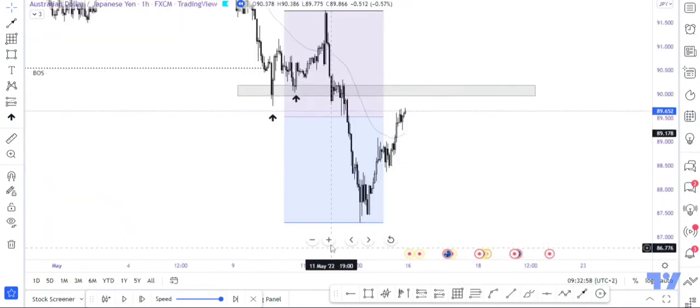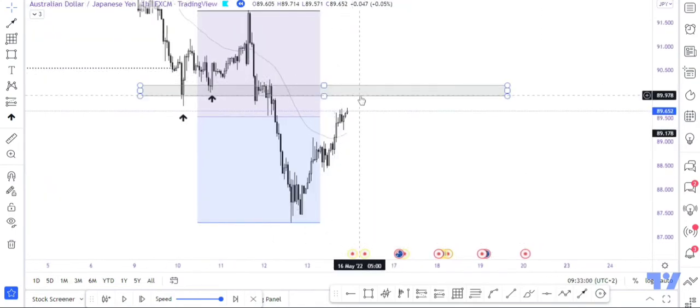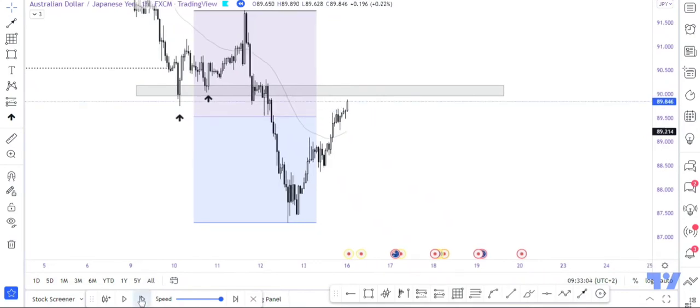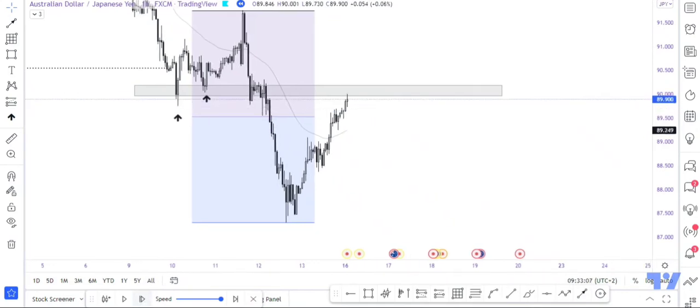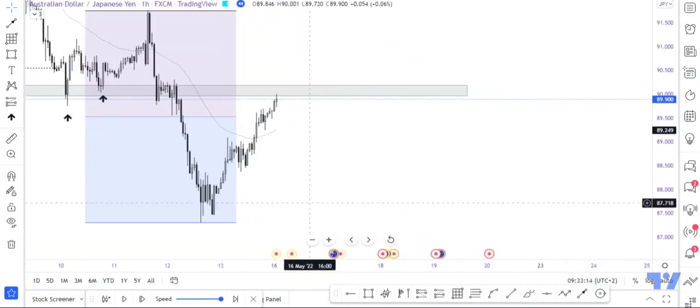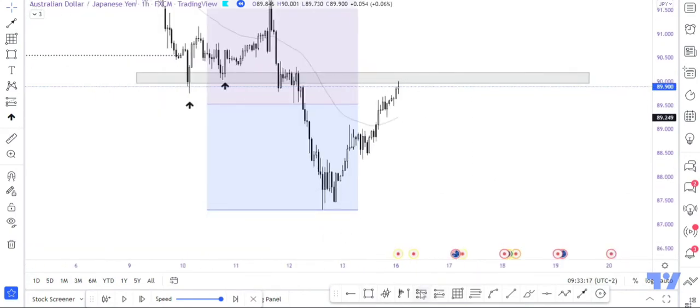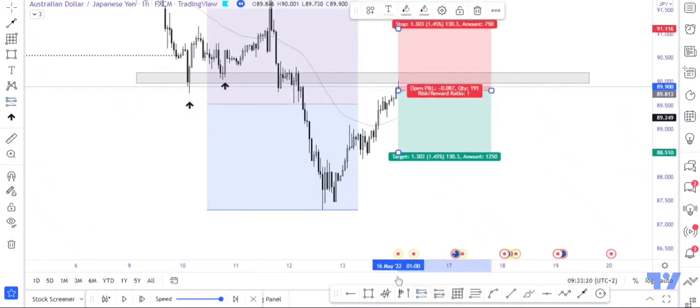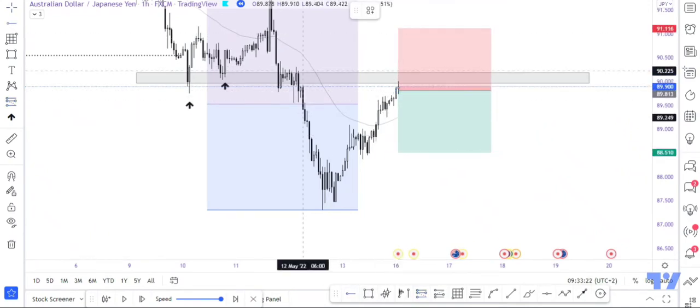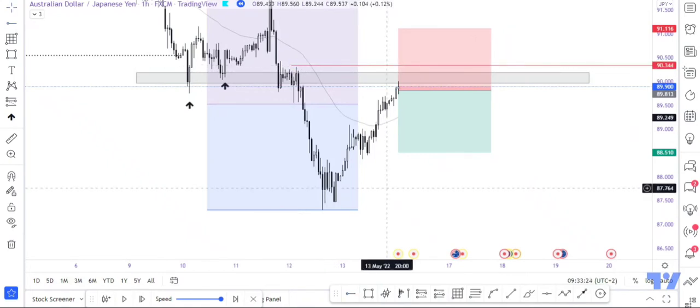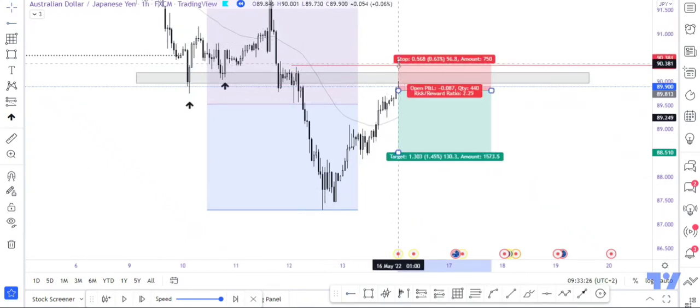We waited for price to trade back into this level and looked to take our sell. So this was an impulse trade. Once we saw this candlestick here, we decided to go in for the sell right here, and our stop loss was just above this high, right here, just above the high.